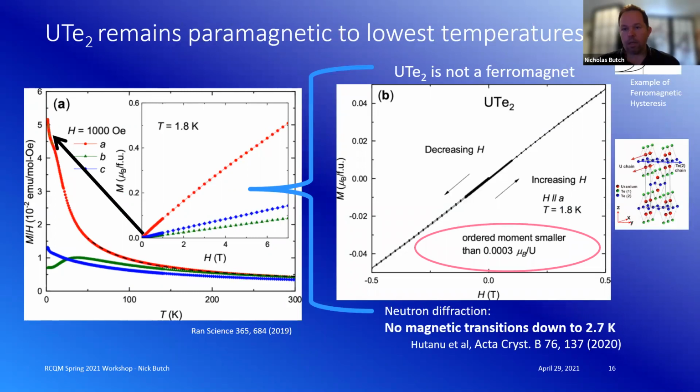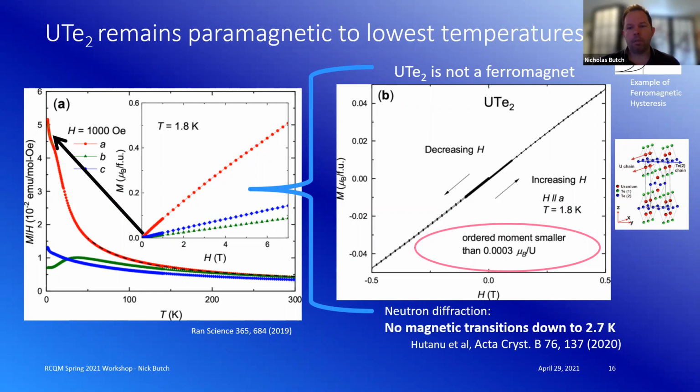If I look at the temperature dependence of the magnetic susceptibility, it's anisotropic. The red curve is for a field along the a-axis, that's the uranium chains. The green is the b direction, so that's perpendicular to the chains.